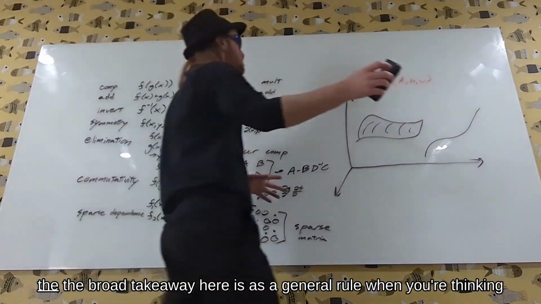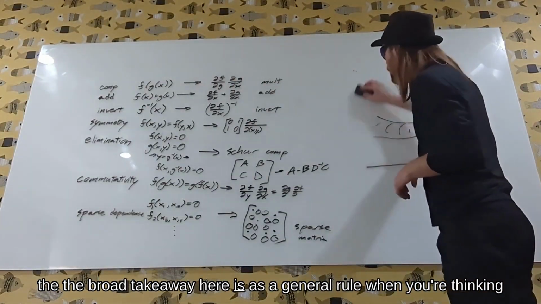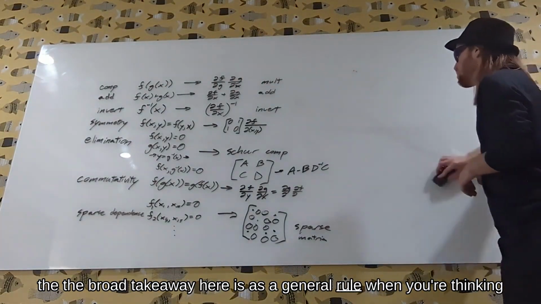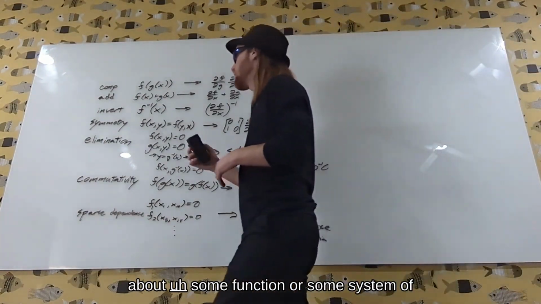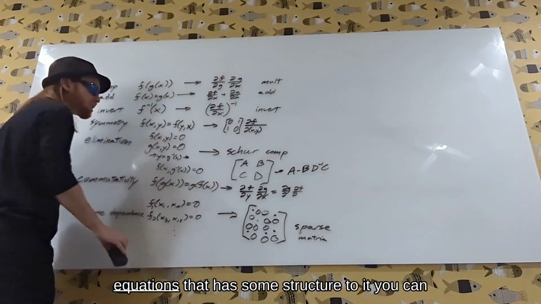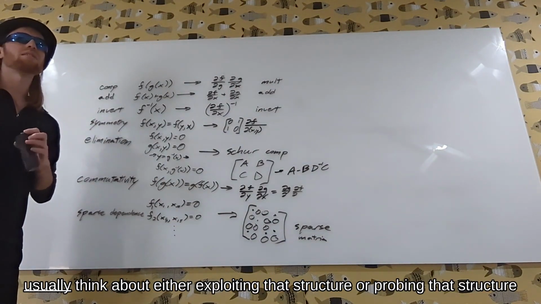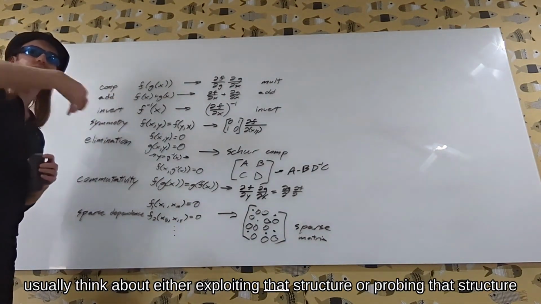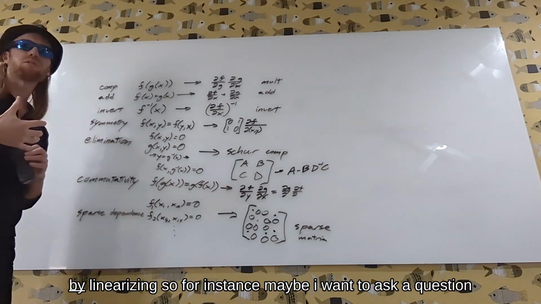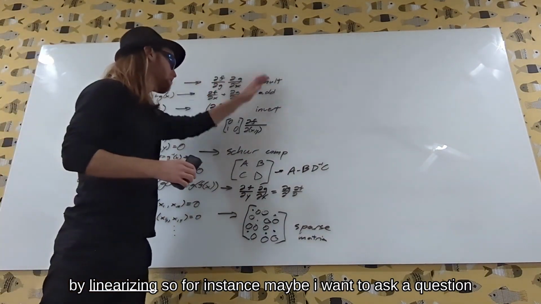So the broad takeaway here is, as a general rule, when you're thinking about some function or some system of equations that has some structure to it, you can usually think about either exploiting that structure or probing that structure by linearizing.